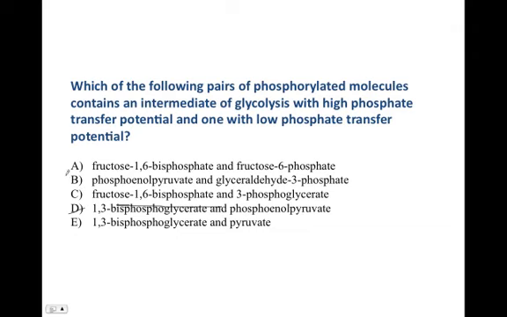That leaves us with B, which is the correct answer. Phosphoenolpyruvate has a high phosphate transfer potential, and glyceraldehyde 3-phosphate has low phosphate transfer potential. Remember, glyceraldehyde 3-phosphate is converted into 1,3-bisphosphoglycerate to generate another high energy phosphate.